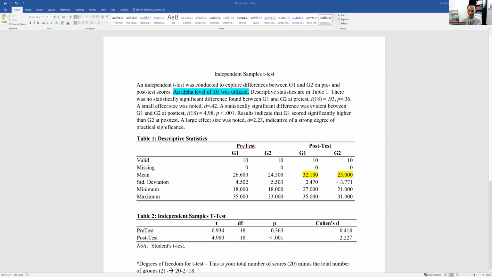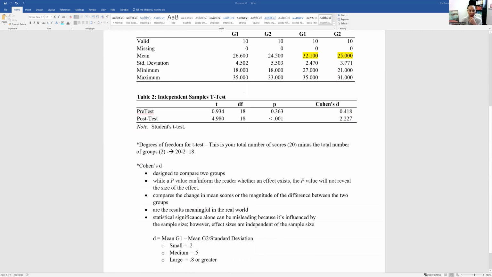Or if you want to flip it, you can say that group 2 scored significantly lower than group 1 at post-test. And then we follow that with a reporting of our effect size, which is indicative of a strong degree of practical significance. So that is how we write up the results for an independent samples t-test.